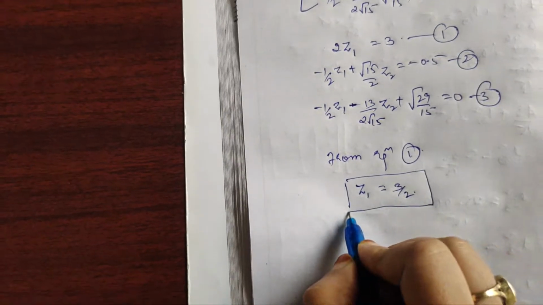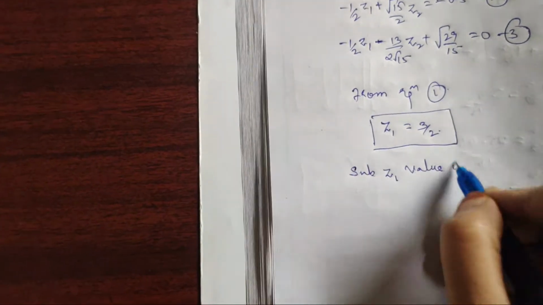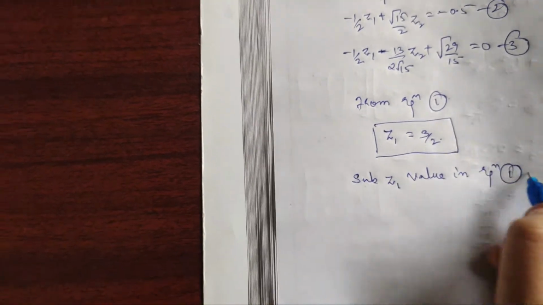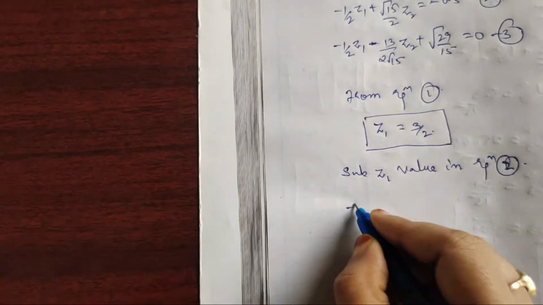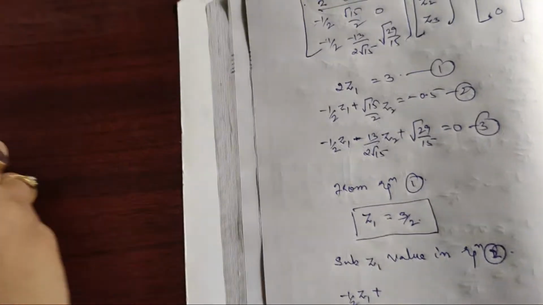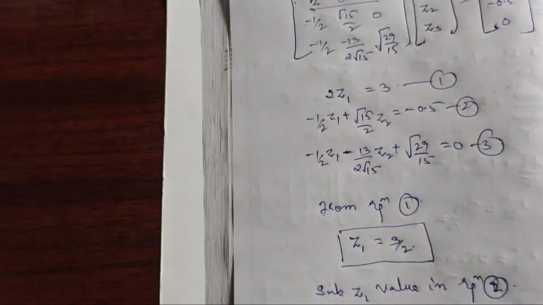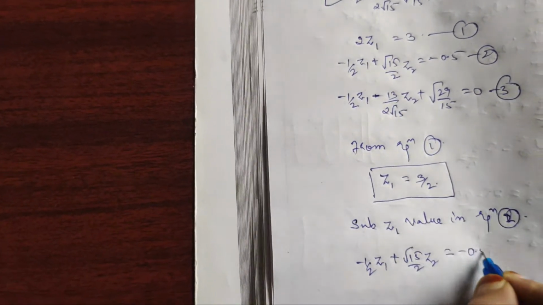Now this 3 by 2 will be utilized in the second step. Substitute the z1 value in equation number 2. What is equation number 2? Minus 1 by 2 z1 plus root 15 by 2 z2 equals minus 0.5.